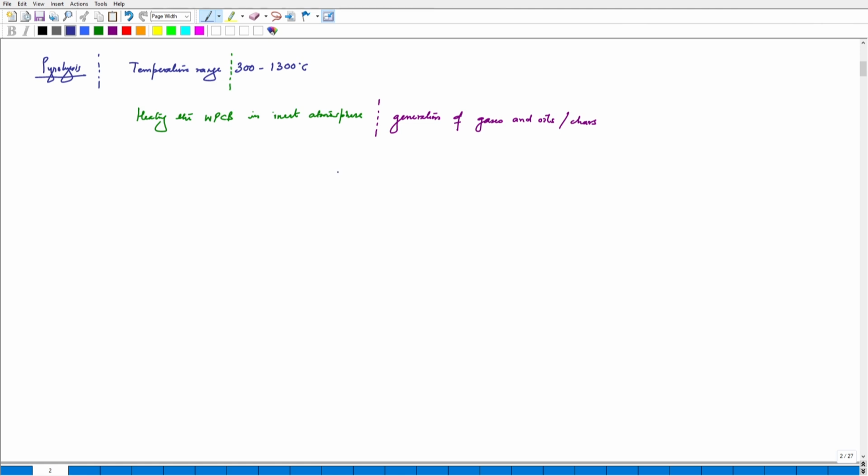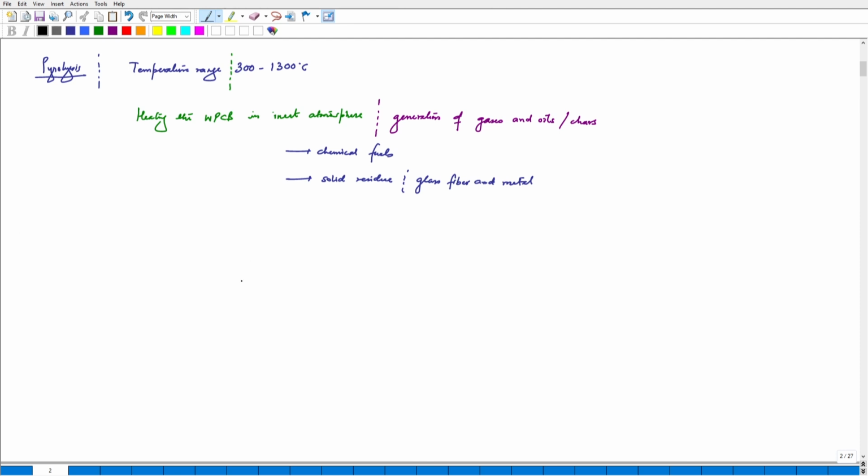So we can have fuels, chemical fuels, whereas we can have solid residue, which is basically glass fiber and metal mixture. This is basically the solid residue, and this can be further processed.